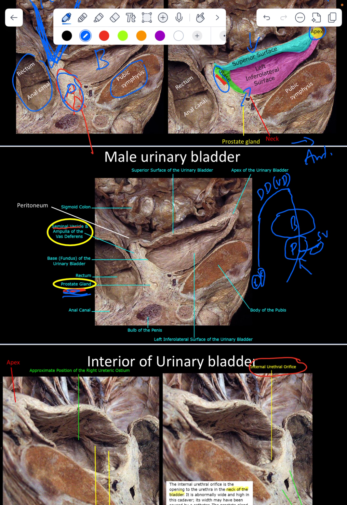So this right here is your ejaculatory duct, which is just ductus deferens plus seminal gland. They join together at the prostatic urethra, so the urethra within the prostate. Your urethra has a pre-prostatic part, so it starts here before the prostate, then prostatic, then membranous, and then you have the spongy one that goes all the way down.